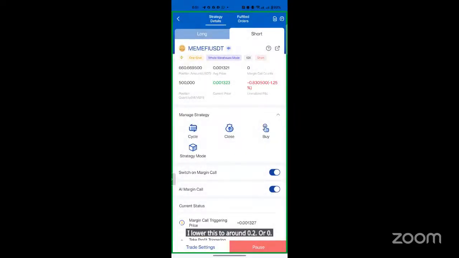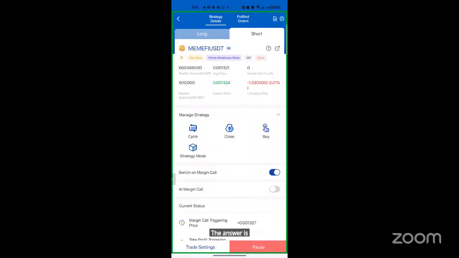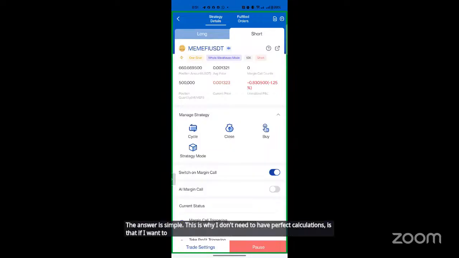It's up to you. If I want my robot to delay buying, I'll leave the AI margin call on. I don't need to be perfect with my calculations. The reason is simple: if I want to protect my capital, I'll switch on the AI margin call.